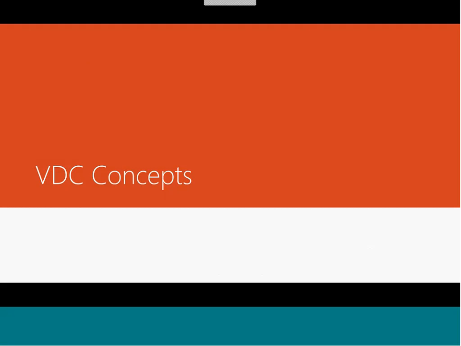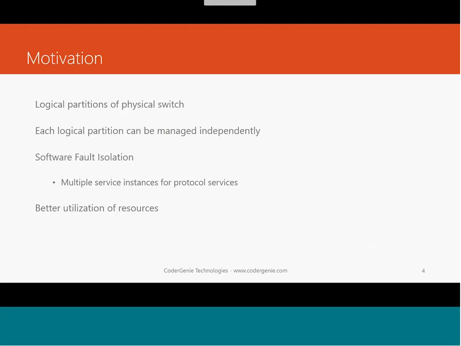All right, so VDC concepts. Now, what was the actual motivation behind creating the VDC, right? Think about a Nexus switch. There are different models of Nexus switch. We have 9-slot chassis, 10-slot chassis, 18-slot chassis, and other smaller slot chassis as well.